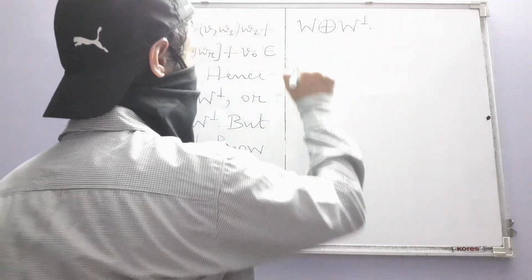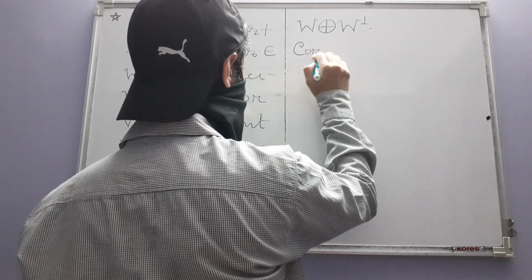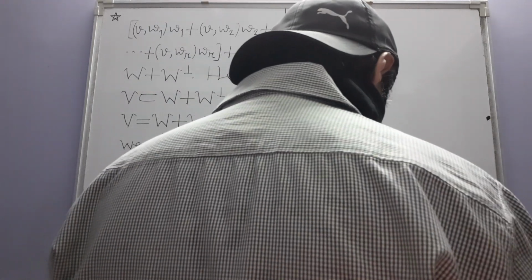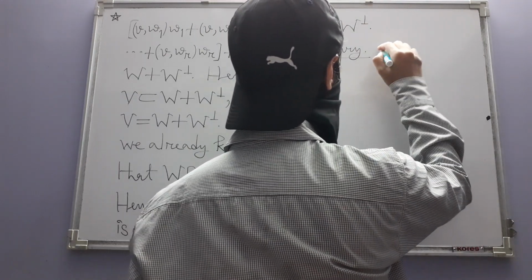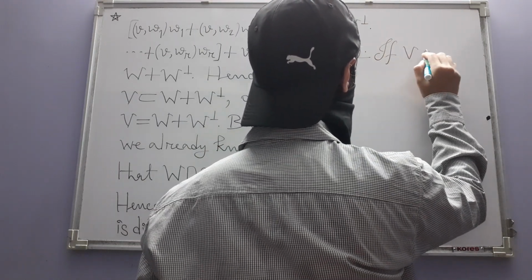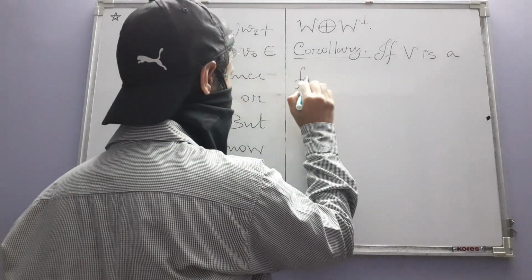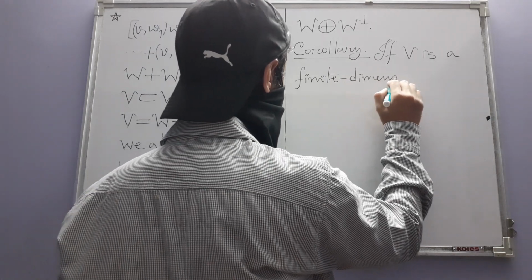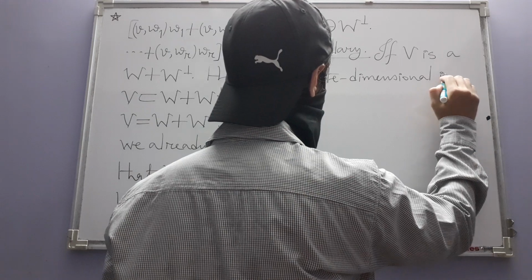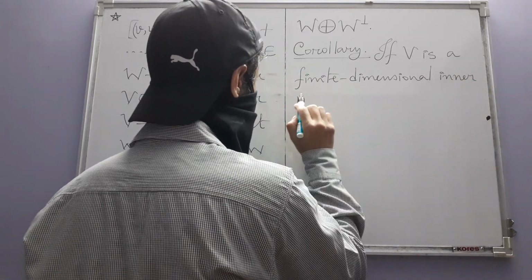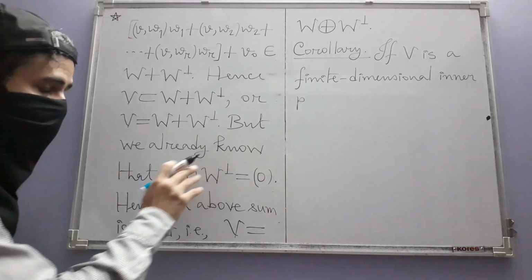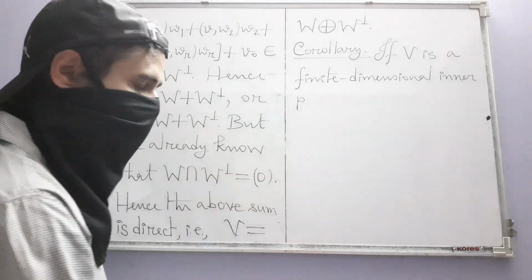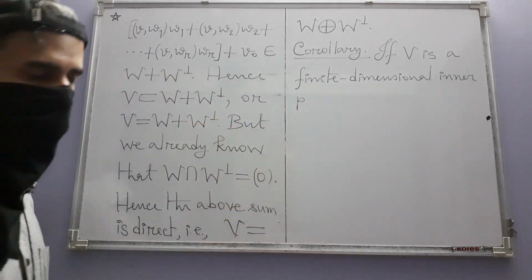Now this result has a very nice corollary. The corollary is just this: if V is a finite dimensional inner product space and W is a subspace of V, then the orthogonal complement of the orthogonal complement of W is nothing but W itself. I forgot to say, I said a little while ago that we are going to discuss something, no? I forgot that, but let me just complete the corollary.